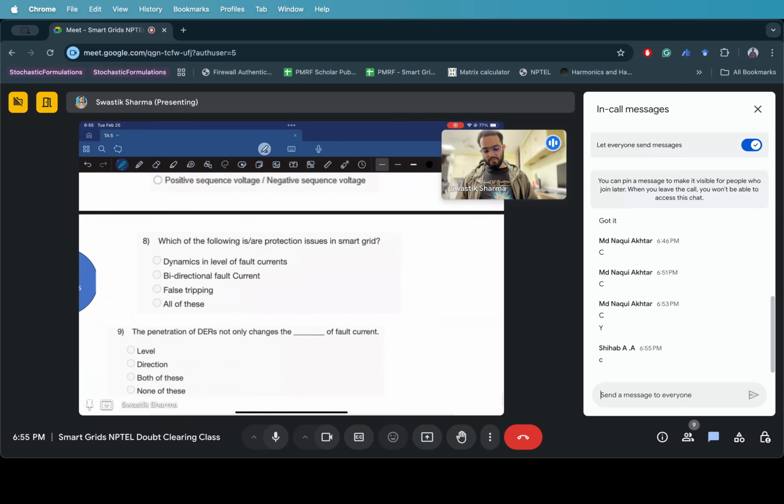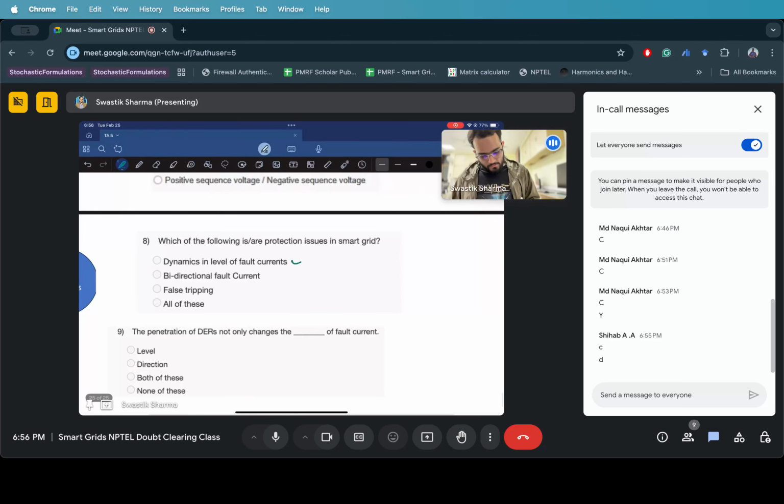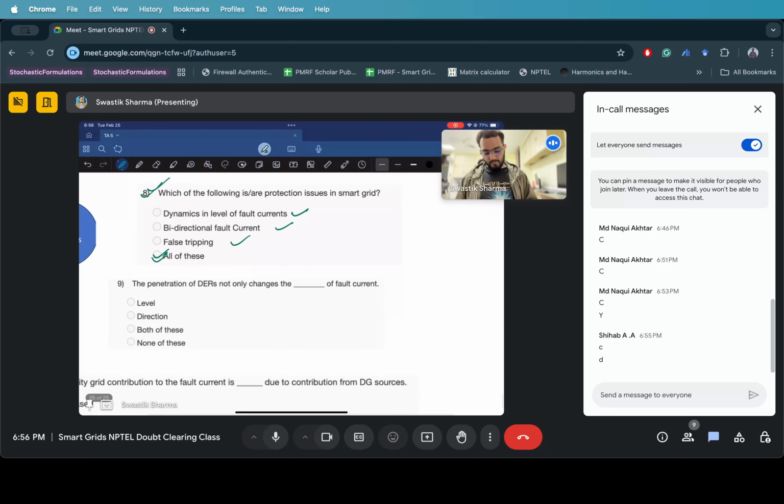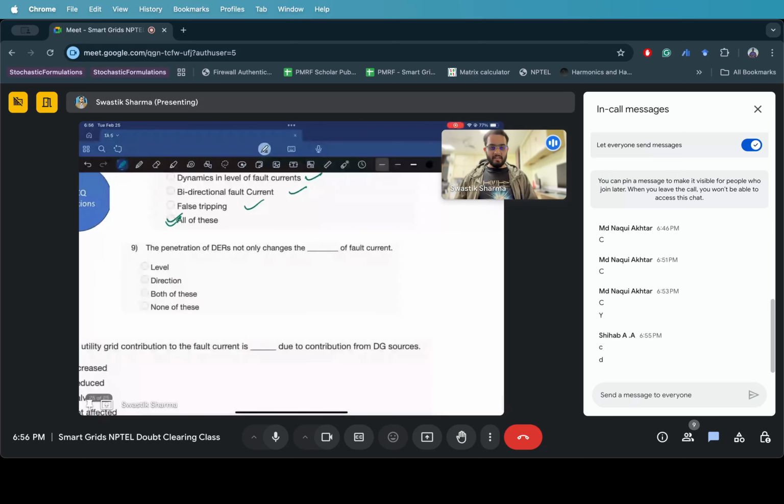Next, eighth. Which of the following is or are protection issues in smart grid? This everyone should be able to answer. D. Okay. So all three. So all of these is the correct answer. So the penetration of DRs not only changes the dash of fault current.